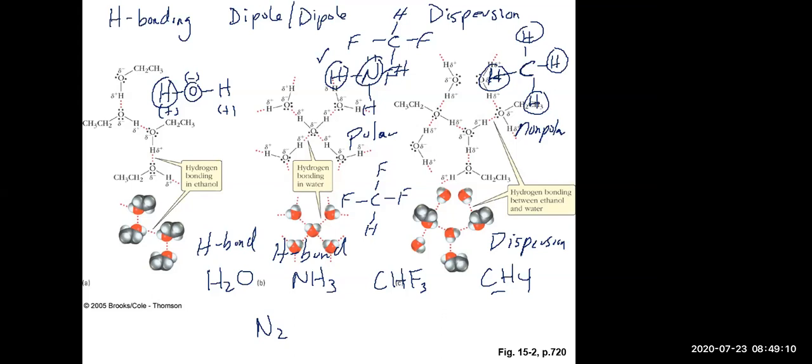So this is actually going to be a polar molecule because of that. All the electrons are going to head towards the fluorine because it's more electronegative. It doesn't have a hydrogen at all. Actually, it does have a hydrogen here. But this hydrogen is not attached to a nitrogen, oxygen, or fluorine.